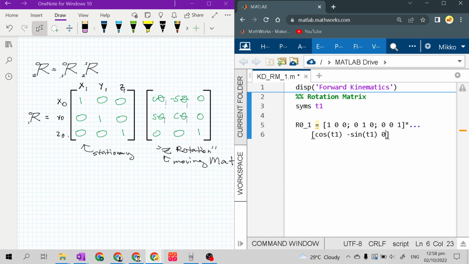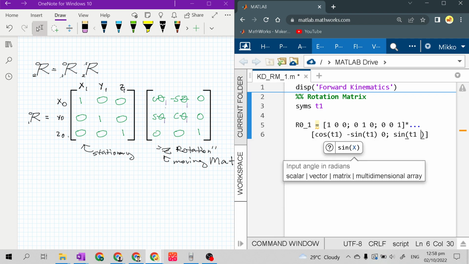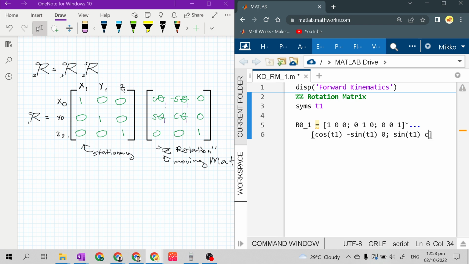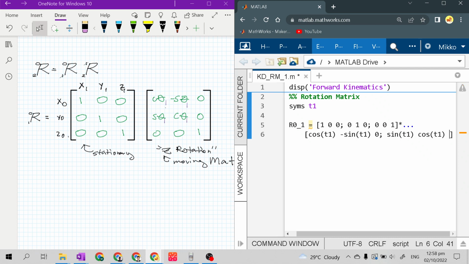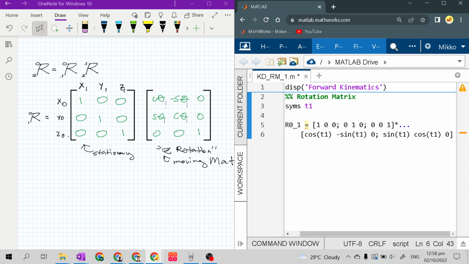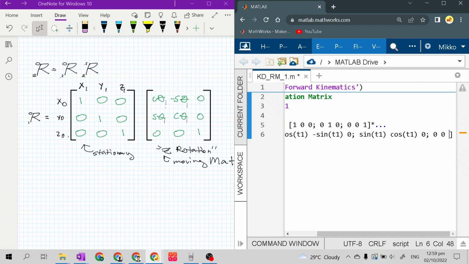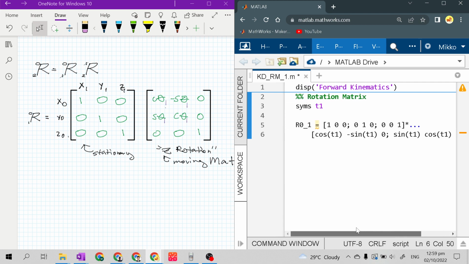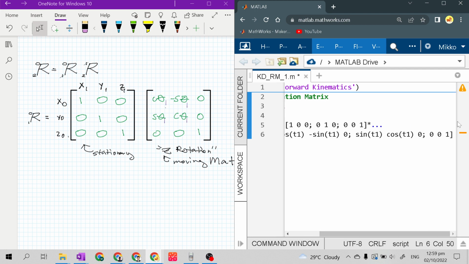Then 0. Okay, semicolon. Then second row, sine T1, cosine T1, then 0. Okay. Then semicolon. Okay, next is 0, 0, space 1. Okay. So our z-rotation matrix is coded. Okay. So let's check what will be the answer.